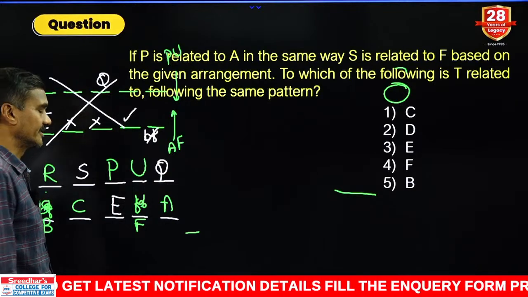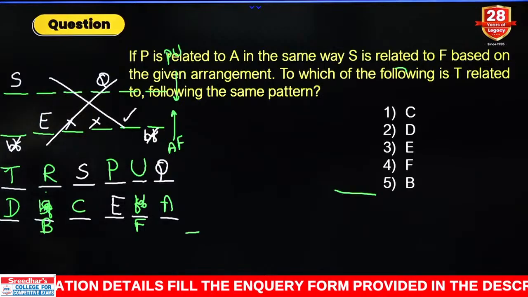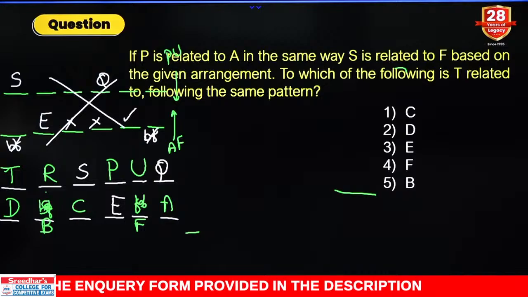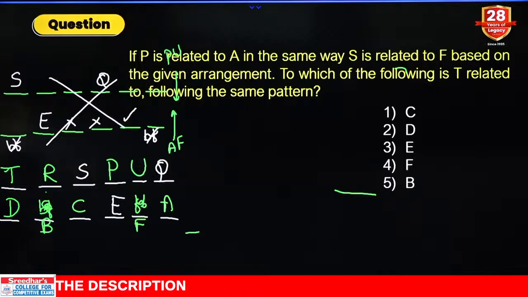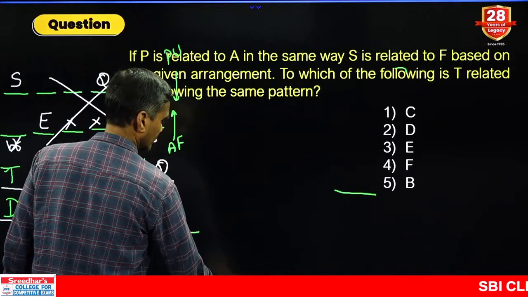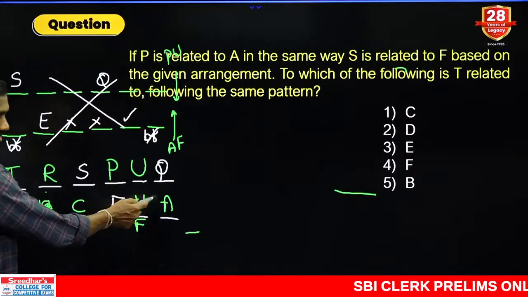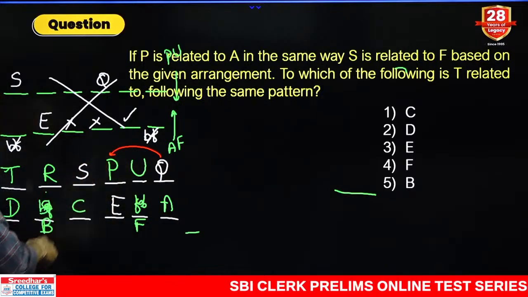Then next one, question number 9. Yes, question number 9 please. If P is related to A, P is related to A, that is A is here, A is opposite Q, second right is P. Opposite second right.